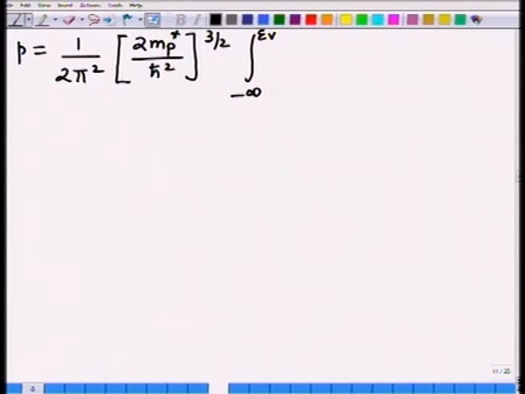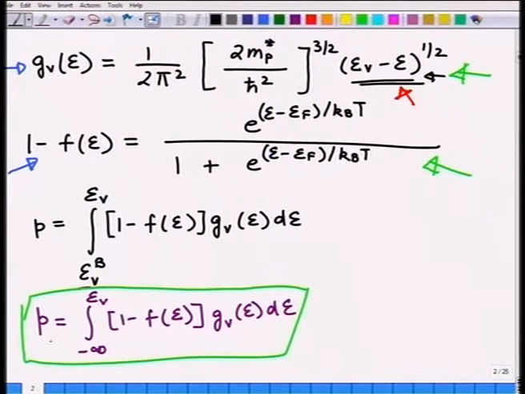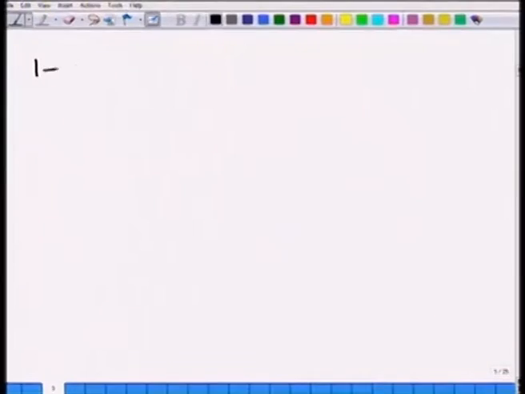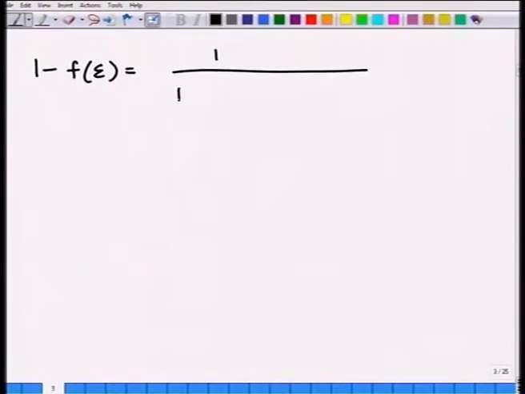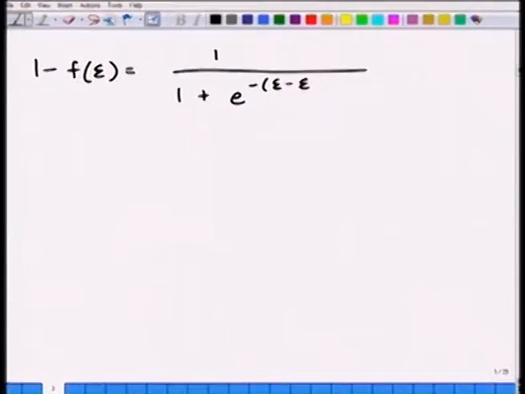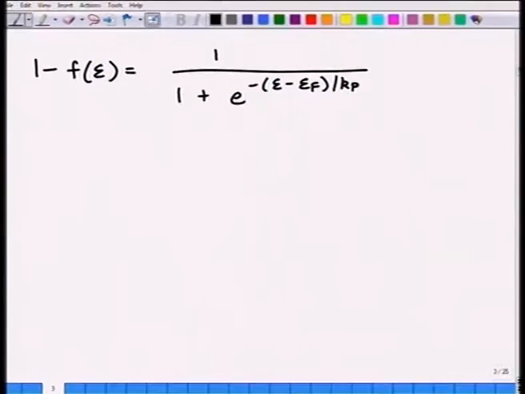So, 1 minus F_e, I am going to prefer to write, let us go back here. 1 minus F_e I can also write as, instead, I can write 1 minus f(E) as also equal to, what I am going to do is divide it, and therefore, I am going to write this as 1 by 1 plus e to the power minus of E minus E_f by k b T. I can also write it like this, namely, I have basically divided numerator and denominator by e to power E minus E_f by k b T. So, I am going to substitute this for 1 minus F_e.